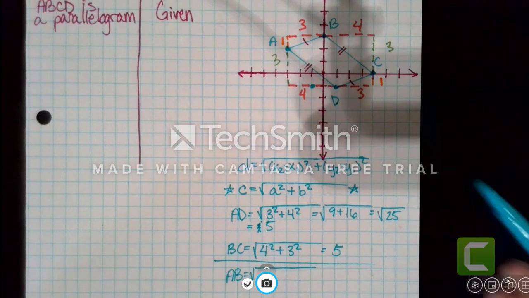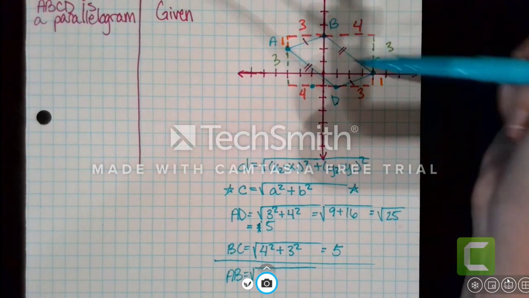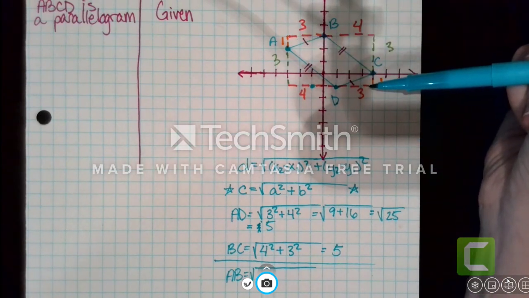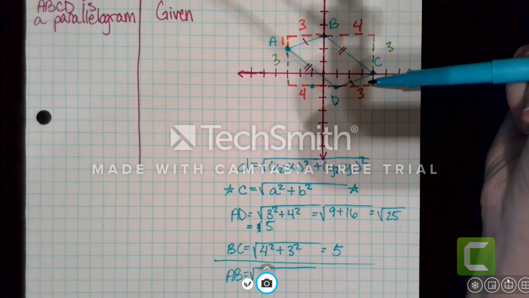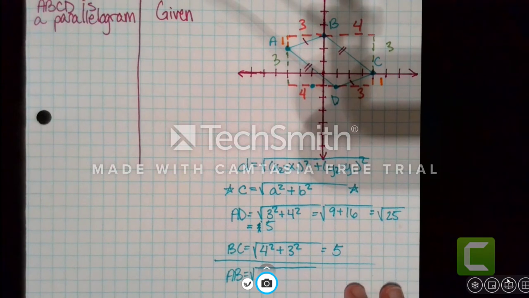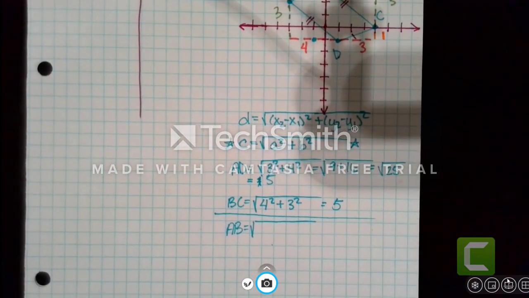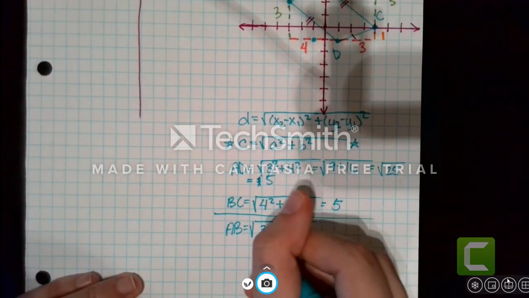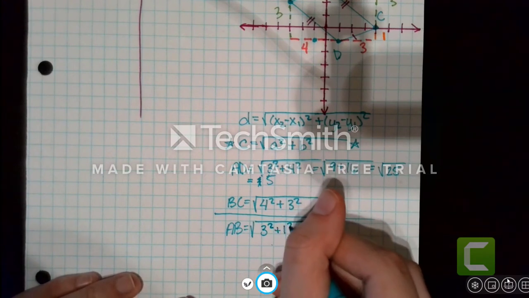So looking here, again, since our triangles are congruent to each other on their heights and their bases, we can assume that AB is still equal to CD. So below, continue with the math for AB. We have 3 squared plus 1 squared.